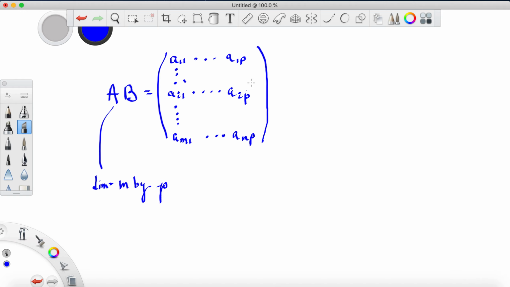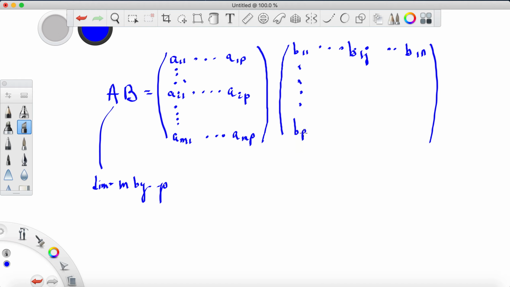Okay, so the next thing is they give us a matrix B, and B is going to have n many columns, and it's going to have P many rows.